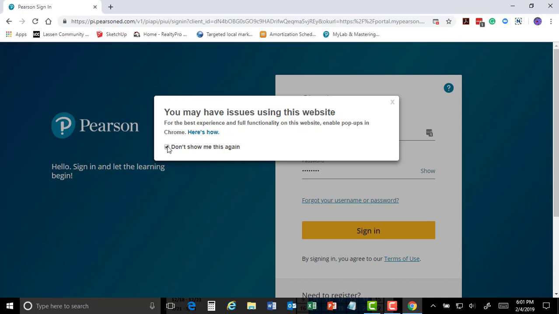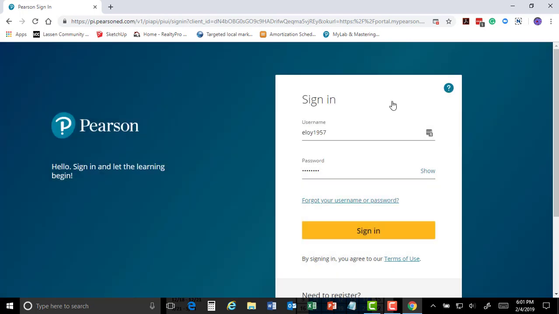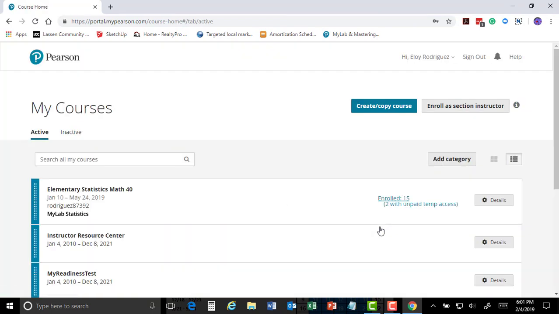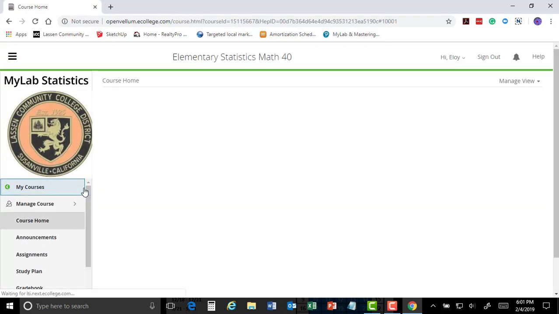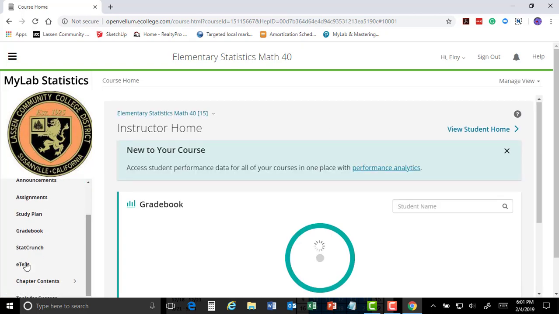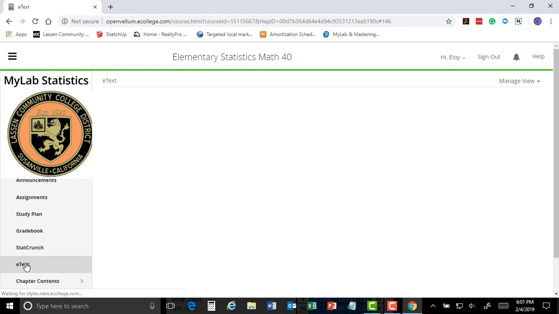Maybe it doesn't work in Chrome. Is it working?